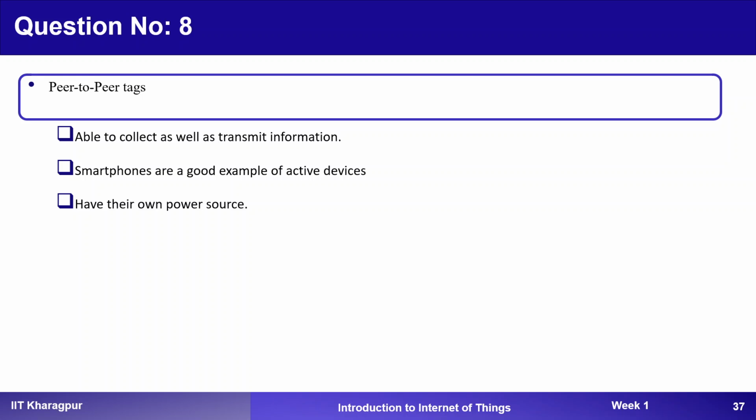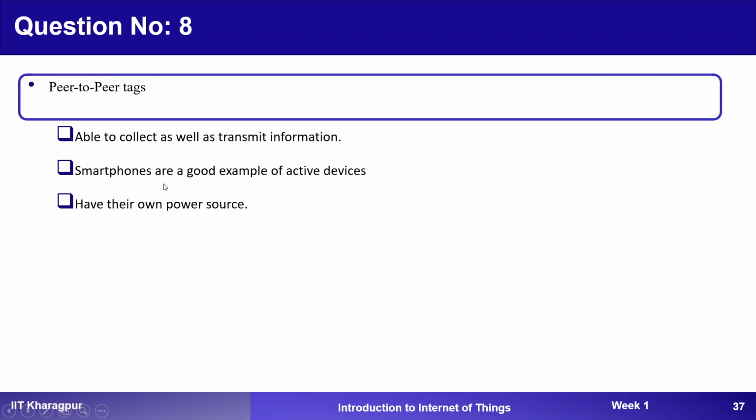There are two types of tag. One is your active tag and second one is your passive tag. Active tags are the tags which have their own power, whereas passive tags are the tags which require power from other devices or somewhere else. So your peer-to-peer tags are the tags which have their own powerhouse, and they are able to collect and transmit data.